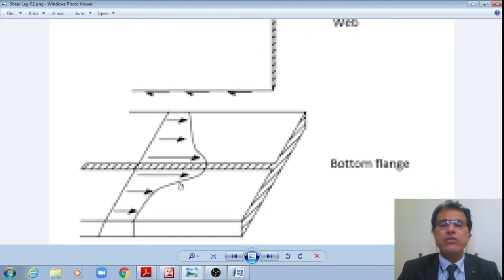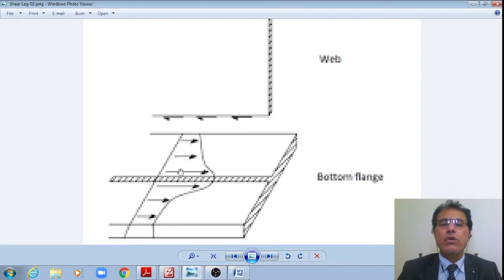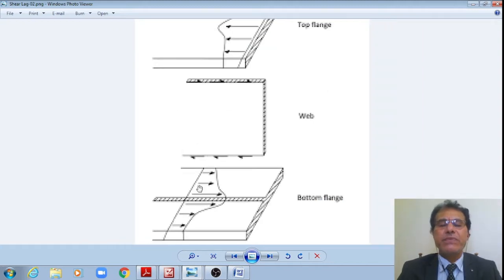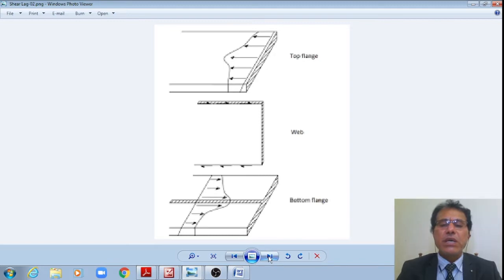The same can also be seen in the tension zone. Large shear is taken at the intersection of the flange with the web, whereas as I move to the toe of the flange, the stress in the flange is reducing. Therefore, it is a non-uniform distribution of the stress in the flange, which is due to the shear lag effect.